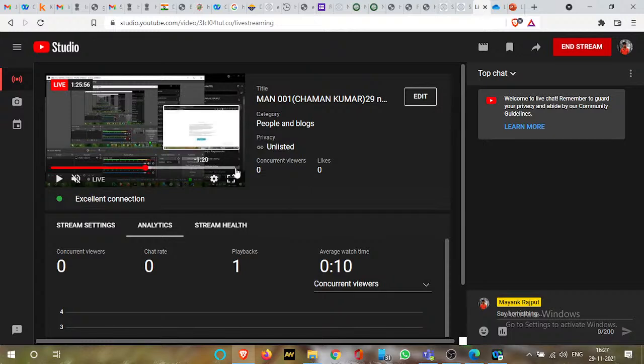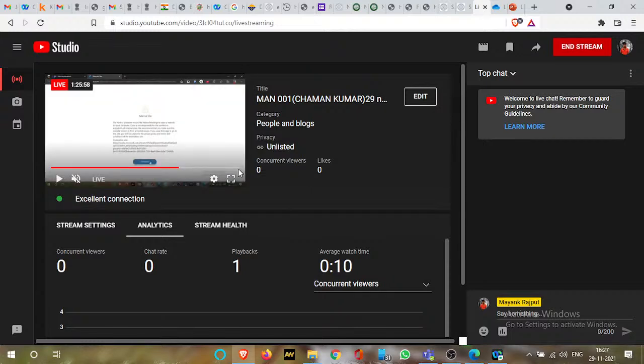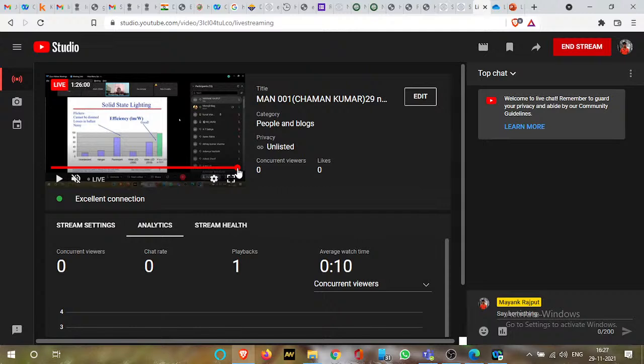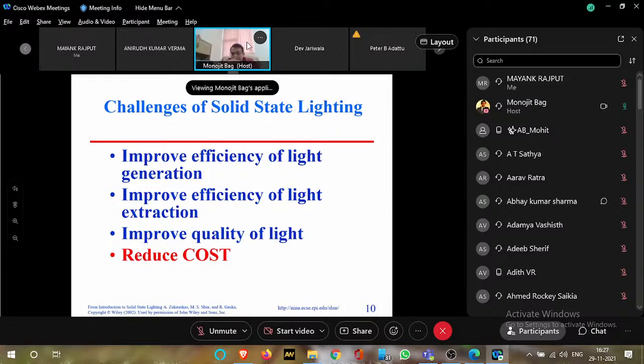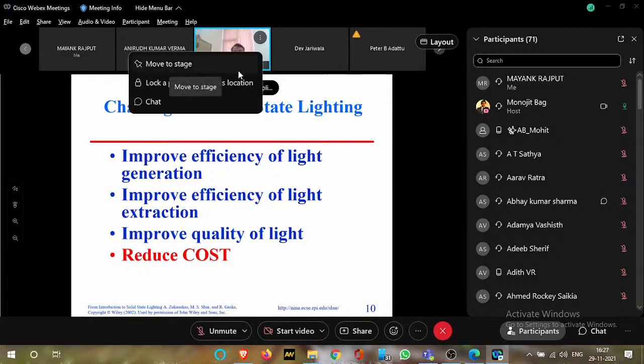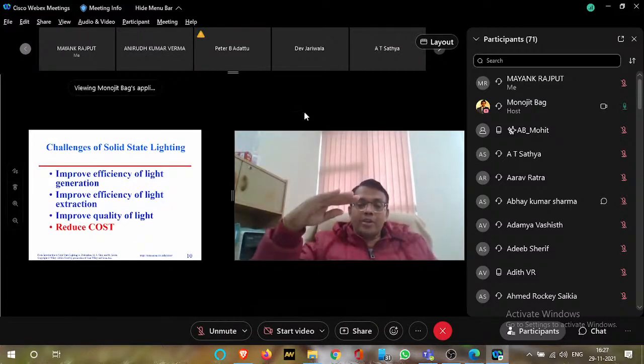Then the challenges are to improve the efficiency beyond what we have at this moment: the efficiency of light generation and the efficiency of light extraction. One of the biggest challenges in light emitting diodes, especially surface mount light emitting diodes, which I'll talk about in the next class updates, is that all these organic or inorganic semiconductors we use have a very high dielectric constant, and then you have air.